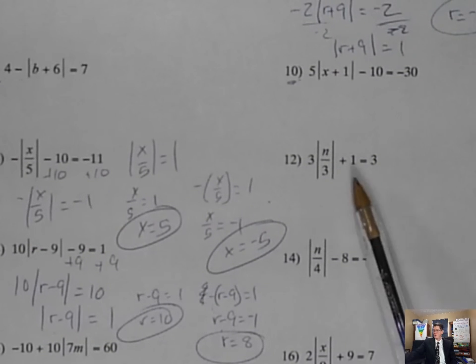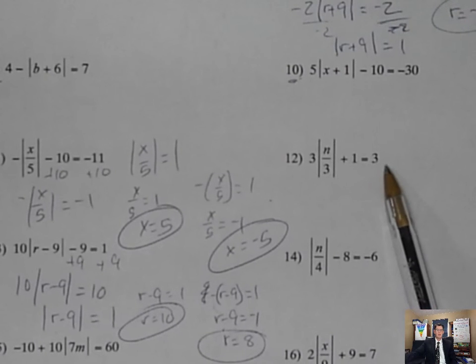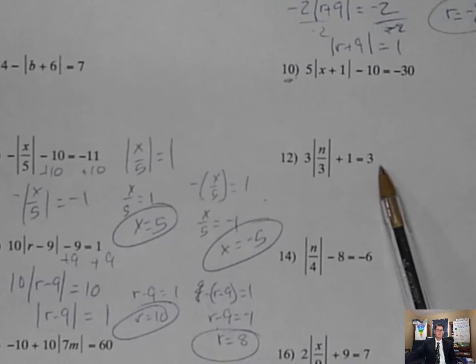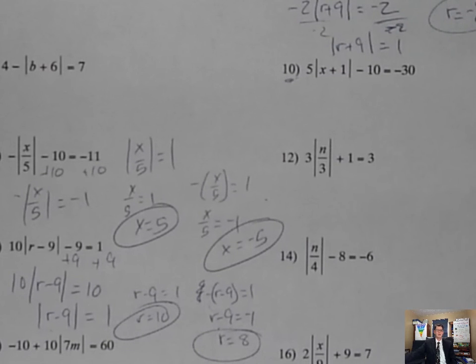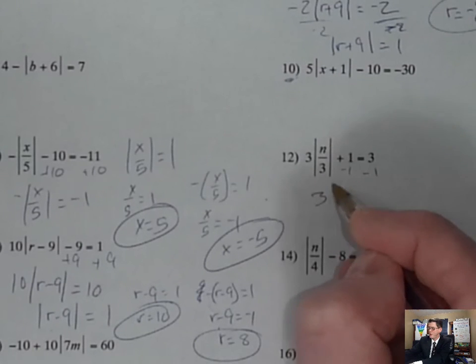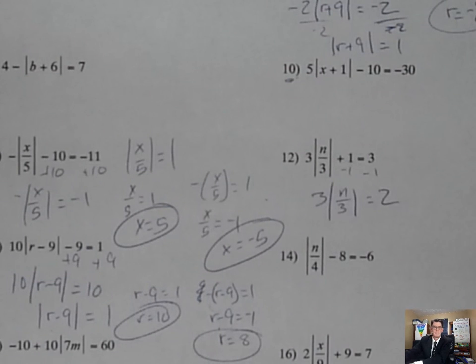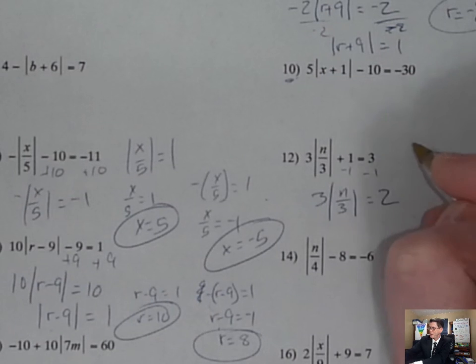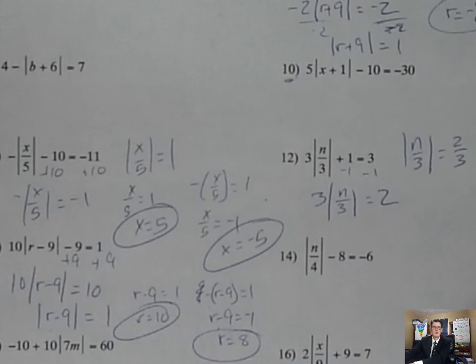If you want to work through 12, you can minus the 1 over here, get the 2, divide by 3, you're at 2/3. Let's work it through. Minus 1, so that 3 of these equals 2. Divide both sides by the 3, so that the absolute value is 2/3.